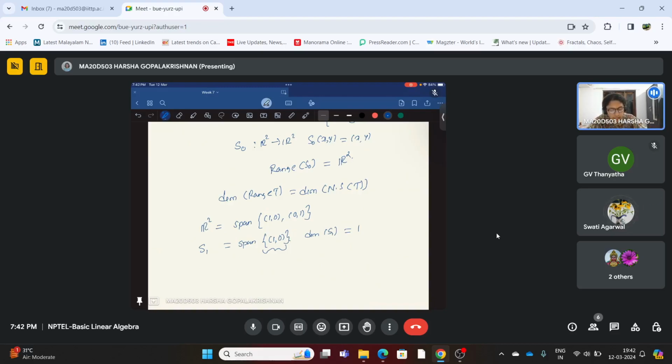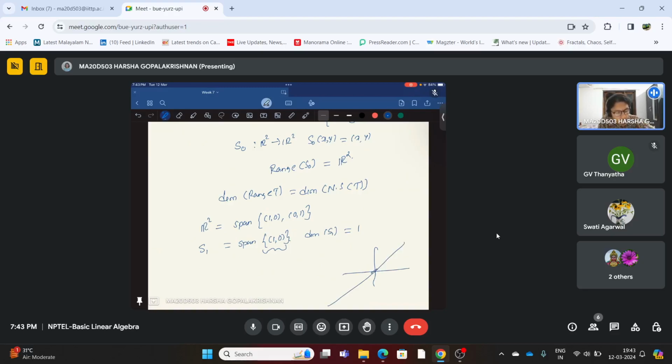And S1 is actually the span of {1,0}. That means {1,0} itself is enough to generate the whole space, because I'm taking (1,0) and (2,0), (3,0) and in between (1.5,0). That means the whole line I am taking.